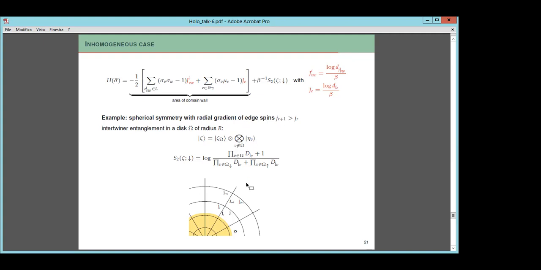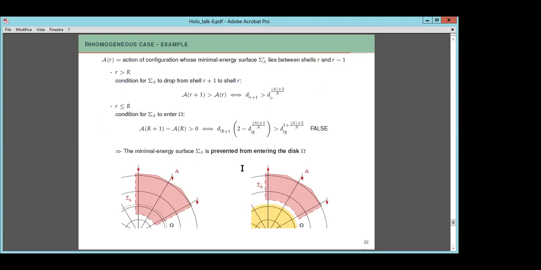So we consider a spherical symmetry with a radial gradient of the edge spins, so that for each shell the spins increase with the radius of every shell, and we assume that the entanglement among the intertwiners is present only up to a certain radius R. Again, the state is considered to be in a random state, so this is the contribution for the entropy.